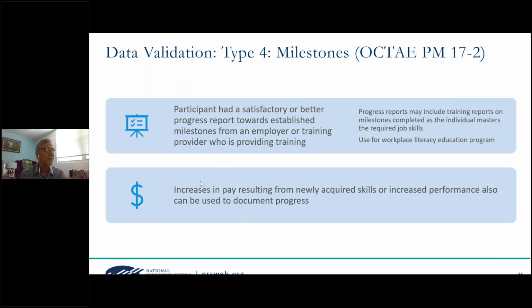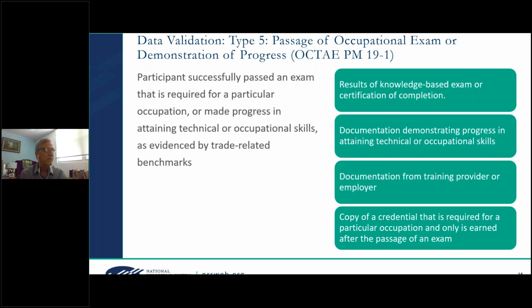And then finally, if we look at the third MSG, this is from 19.1 again. This has a number of things in it. It's first getting an exam that is required for an occupation, or passage of or progress toward achieving occupational skills as evidenced by trade benchmarks. And here are 4 things that are spelled out in 19.1.